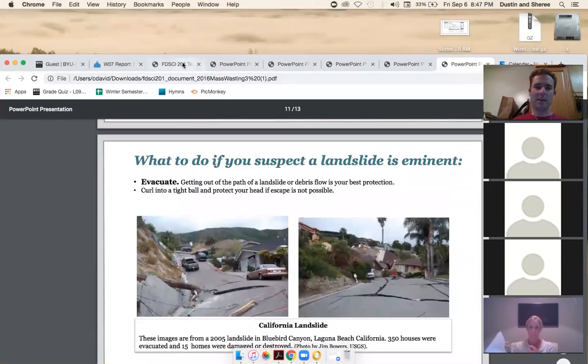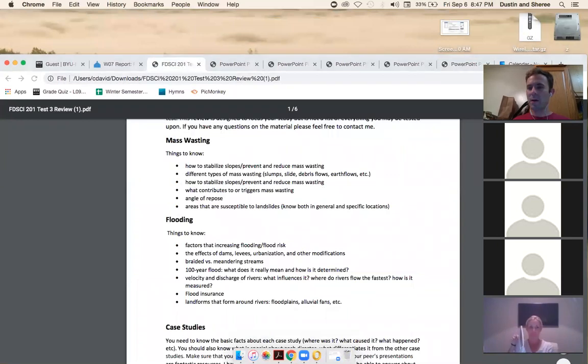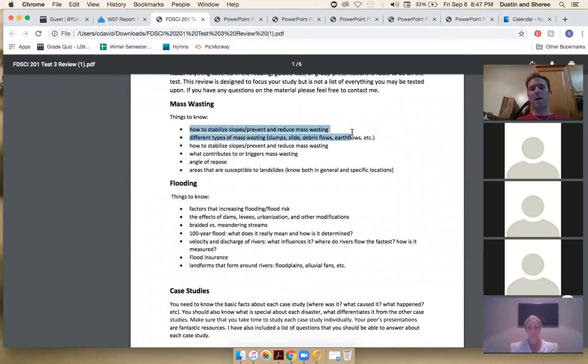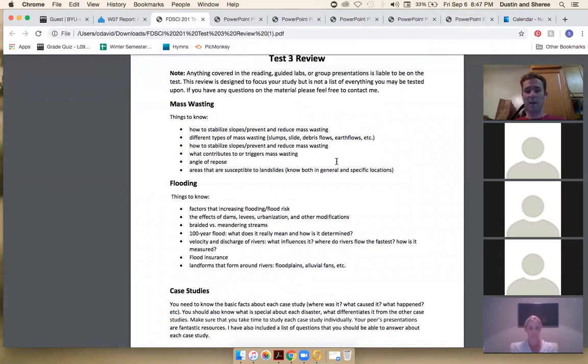As a matter of fact, let's look at this right here. So I think we went over these things: how to stabilize slopes, prevent and reduce mass wasting. We just went over that. Different types of mass wasting, we spent quite a bit of time on that. That's a duplicate, the next bullet point.